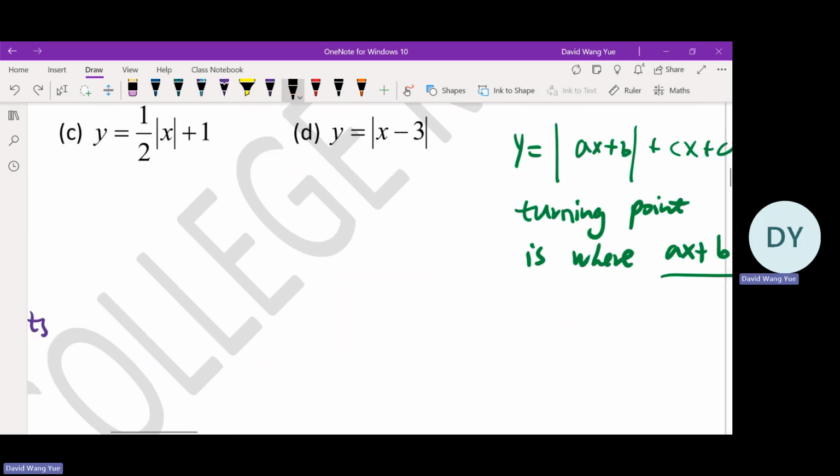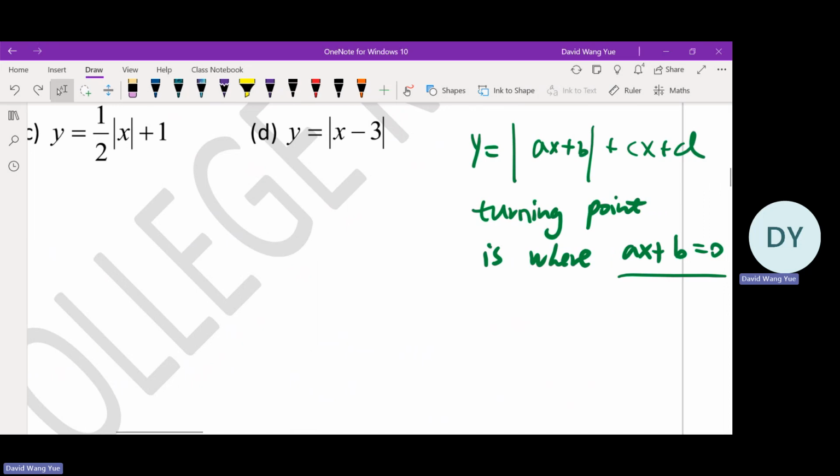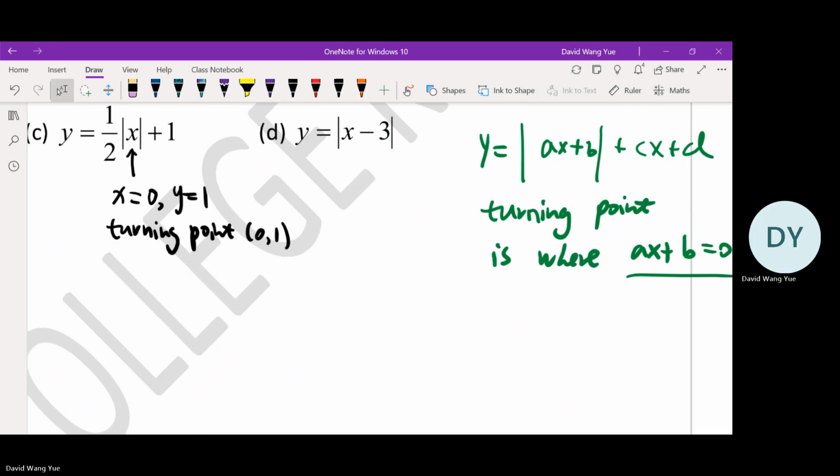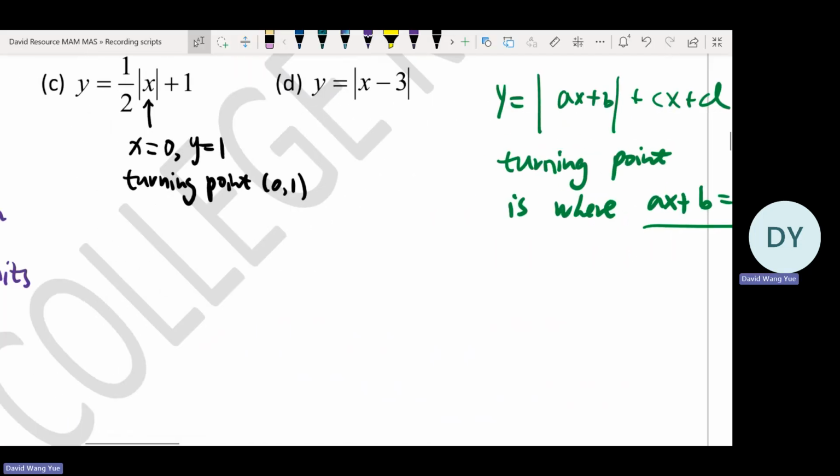So for y equals half modulus of x plus 1, inside the modulus is just x. So the turning point is at x equals 0. When you substitute x equals 0 into the function, you get y equals 1. So the turning point is (0, 1). Now we find two more points.